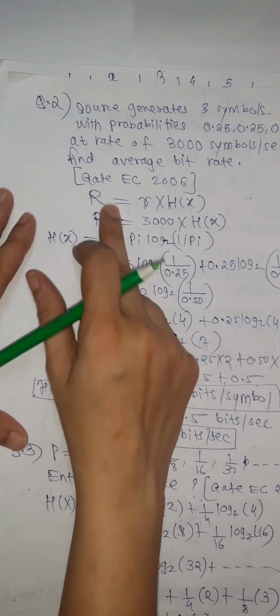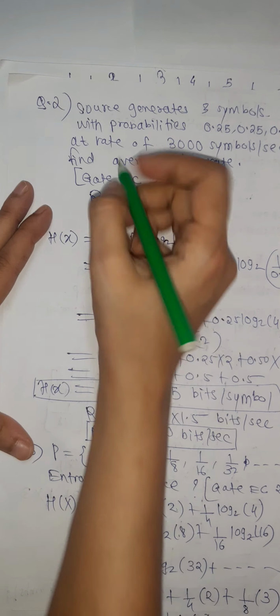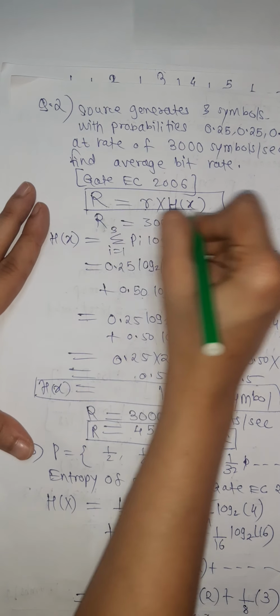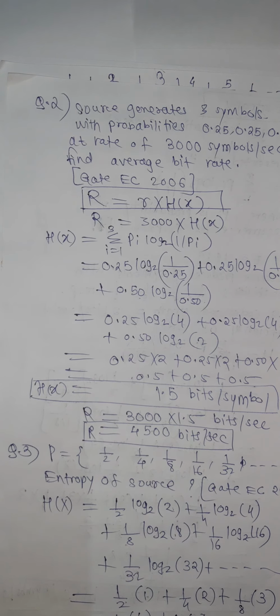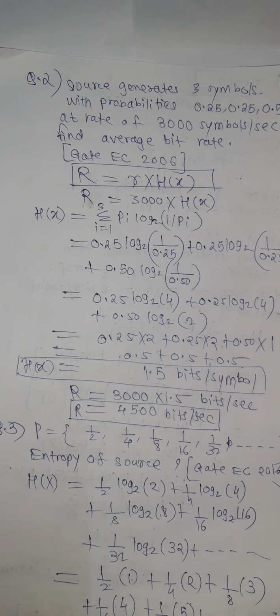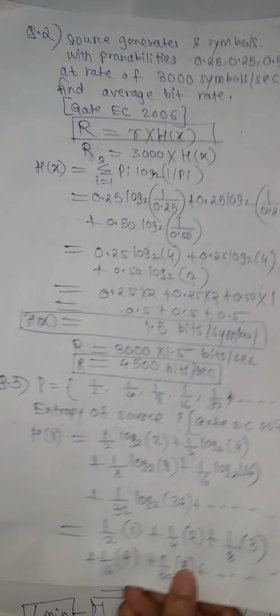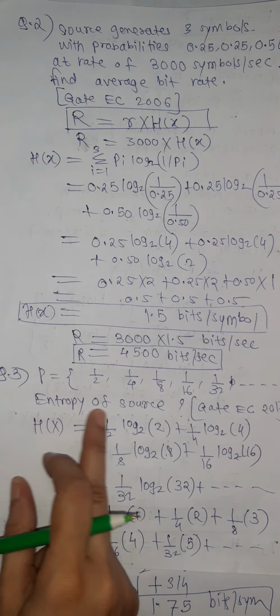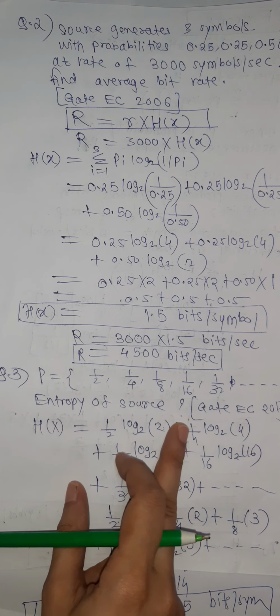Then the next question is average bit rate. This formula is important. Average bit rate capital R is given as small r into H of X. Small r is already given in the question. Now the next question is: find the entropy of the source.